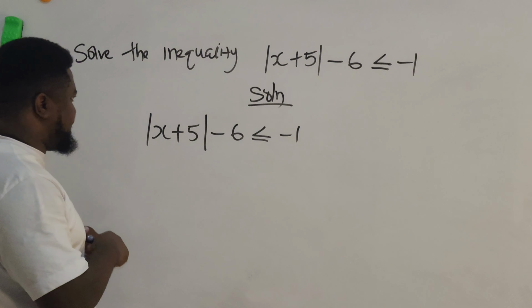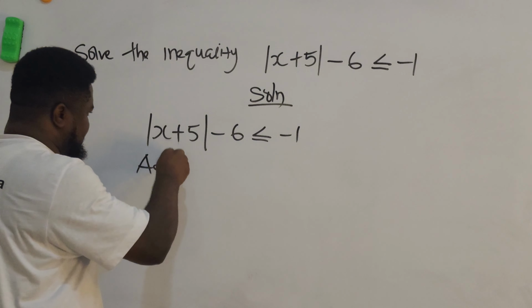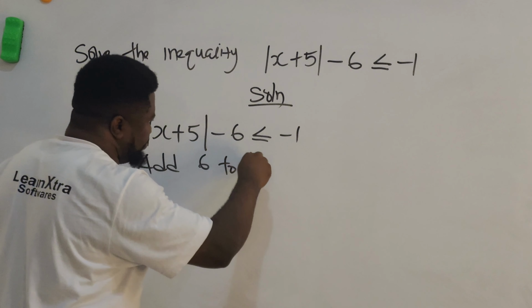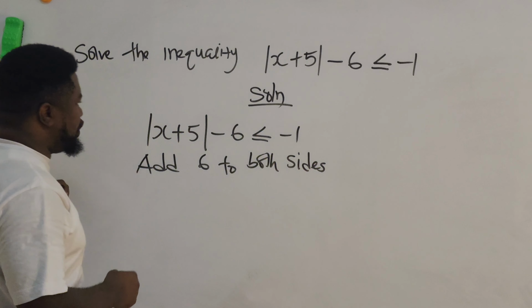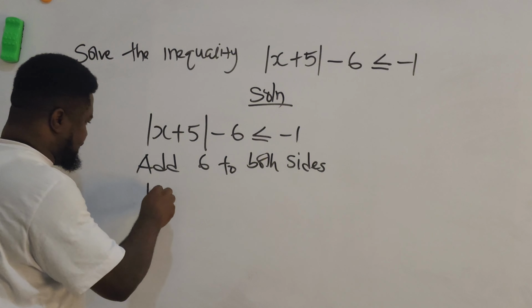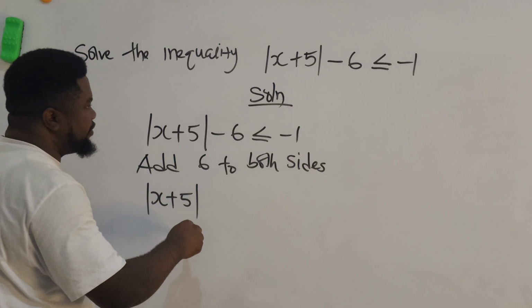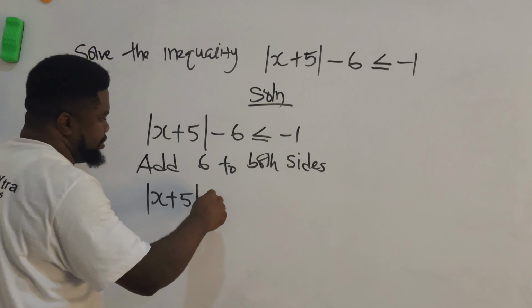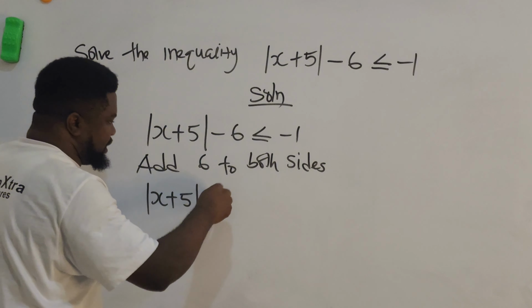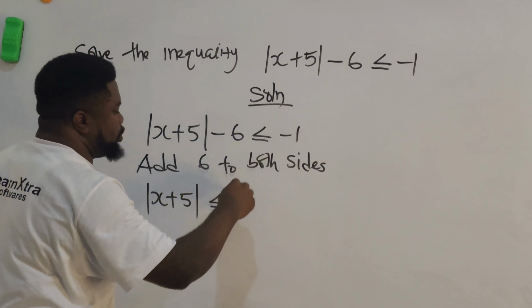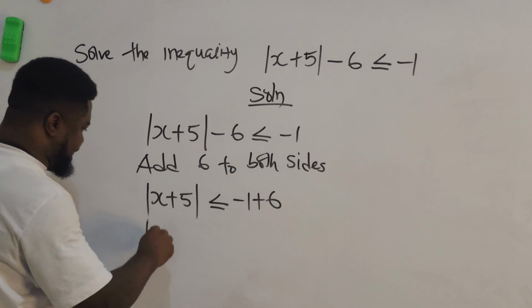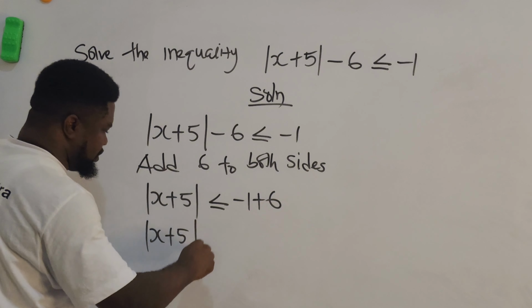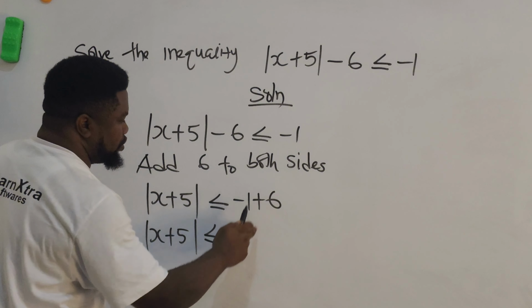We add 6 to both sides. That will be x plus 5, and if I add 6, this will go out. It's less or equal to minus 1 plus 6. So x plus 5 is less or equal to 5.